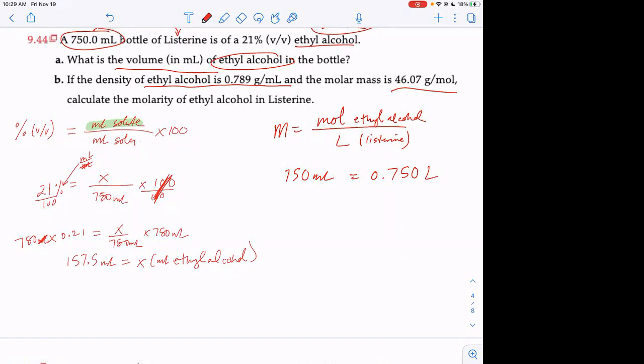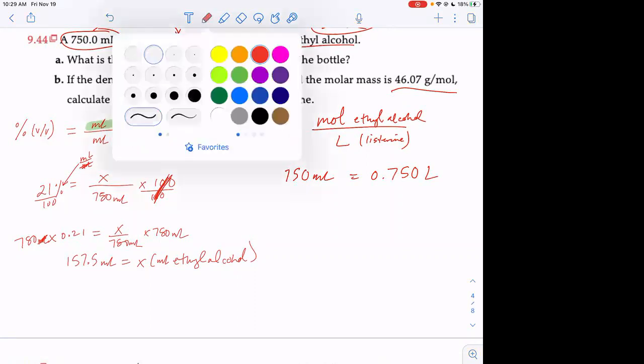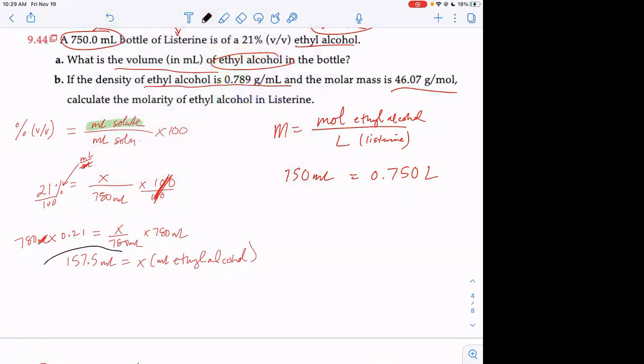Now, how would we get moles? Right now, all we have is this part down here. We know we have 157.5 milliliters of ethyl alcohol. Olivia's right. If we had grams of ethyl alcohol, we could just use the molar mass right up here, the 46.07, to convert to moles. There you go, that's why they give you the density.